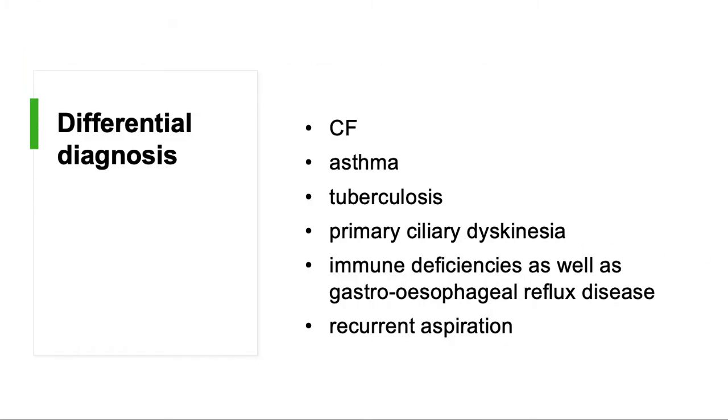For patients presenting with chronically productive cough, the differential diagnosis would include cystic fibrosis, asthma, tuberculosis, primary ciliary dyskinesia, immune deficiencies, as well as gastroesophageal reflux disease and recurrent aspiration.